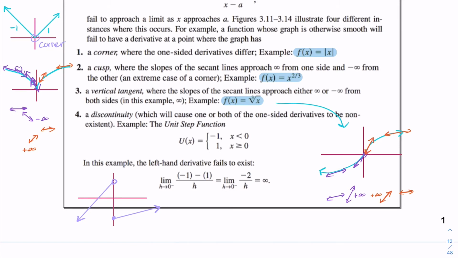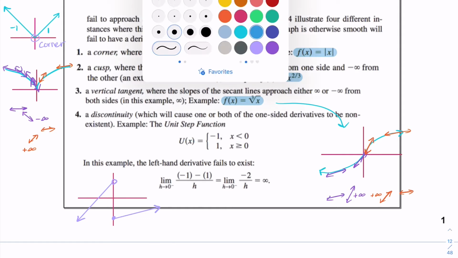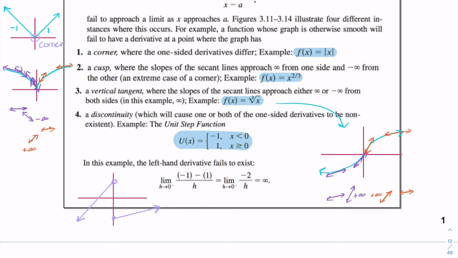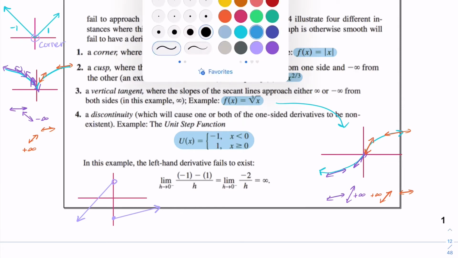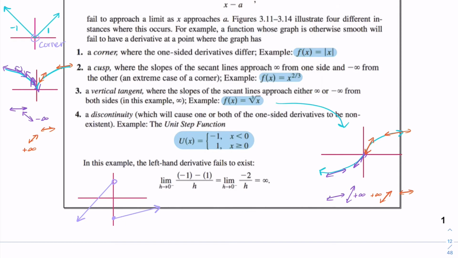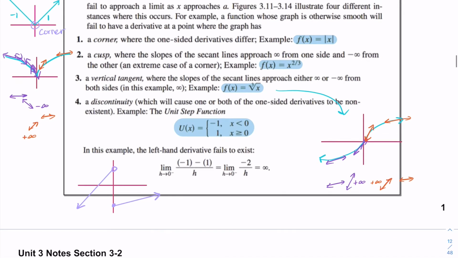So really, we're just going to go through all four. That is a discontinuity. And I didn't draw the same one. I just drew a version of one, but that's your discontinuity.